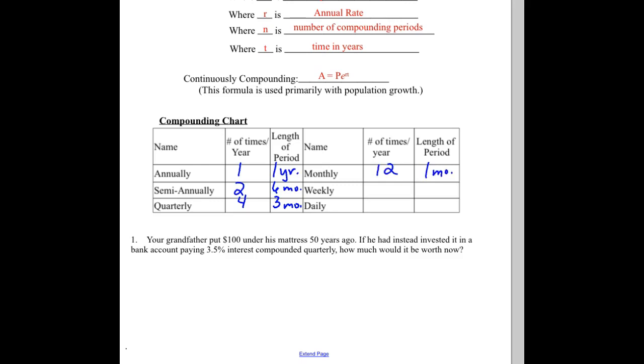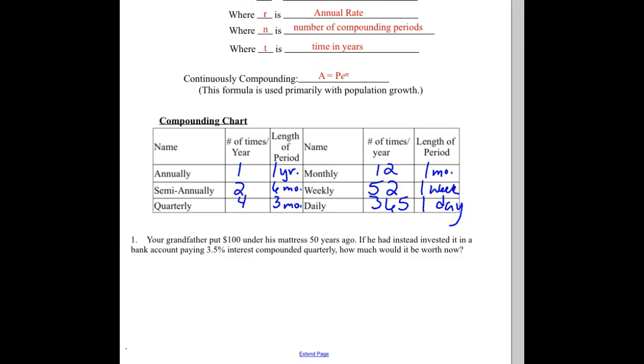How about weekly? How many weeks in a year? 52. So we are looking at 1 week as the length of the period. And daily, how many days in a year? 365. And so every interval would be 1 day.